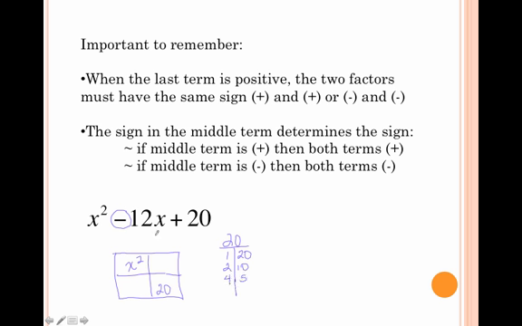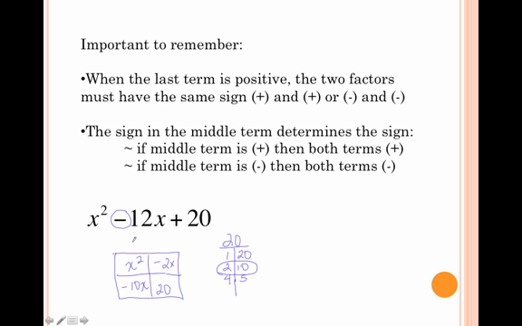And I needed to get 12, so here's my 2 and 10 that'll give me 12, except that to get a positive 20 and a negative 12, I'm going to have negative numbers for both of these. Negative 2x and negative 10x. Okay, hopefully that made sense. Multiplying will give me positive 20, adding will give me a negative 12.